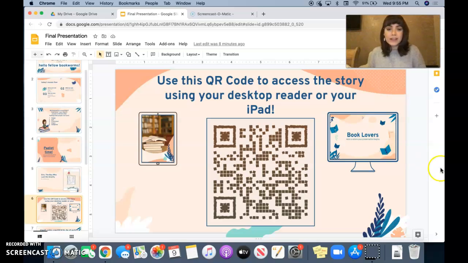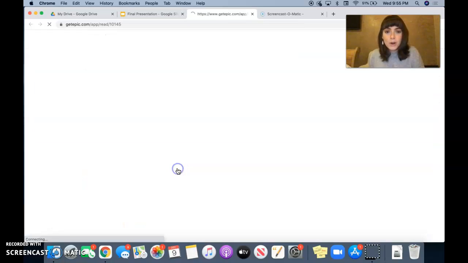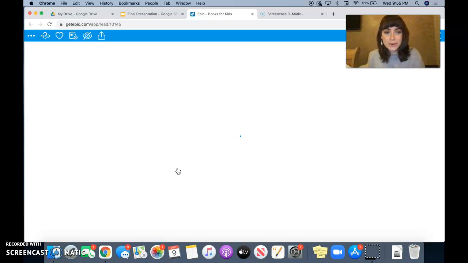So this link will bring them right to our story, and I actually snuck it in here, because I don't want to complicate using a QR reader while doing this. So this brings us to our story.